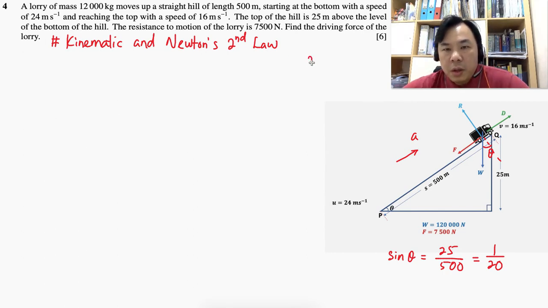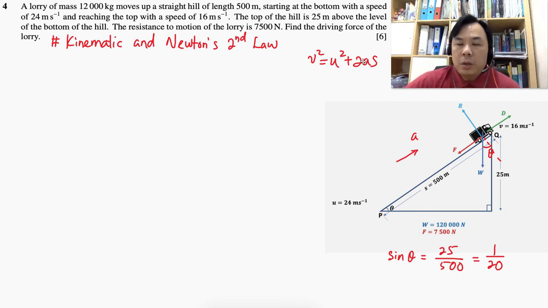For instance, I'll be using this SUVAT equation, which will be easier to get used to, because the only thing we are interested to obtain here is the acceleration. We are given the distance travelled, which is 500. And then we have the final speed and the initial speed. So therefore, we should be able to obtain the acceleration here.